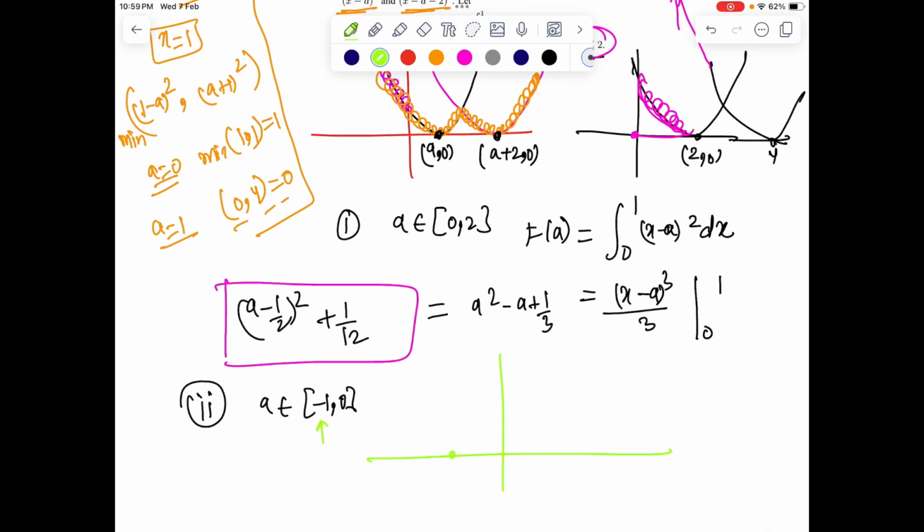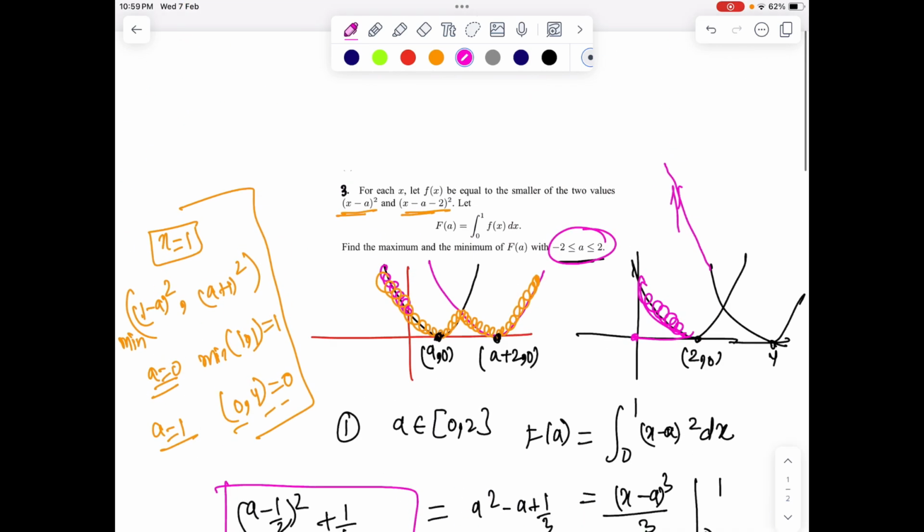Okay, so let's take the second case, when a is -1 to 0. Let's say if I keep a equals -1, the first graph will go to -1. The second graph is 1 comma 0 vertex-wise, right?